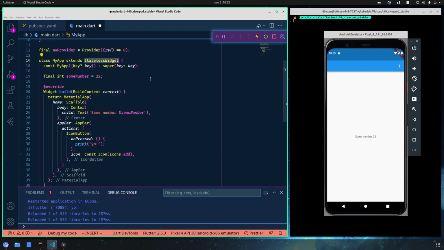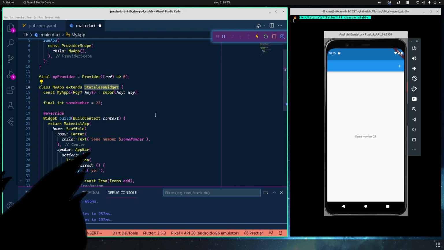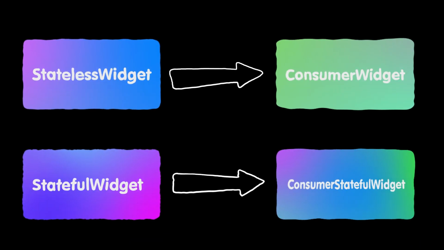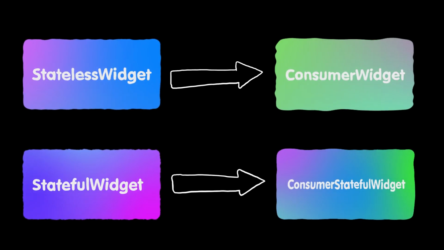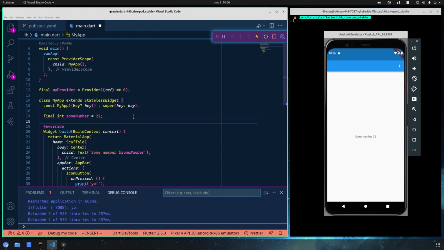In this case, instead of having a stateless widget or a stateful widget, we need to use a special type of widgets that are defined by the Riverpod package. For example, instead of using the stateless widget, we should use the ConsumerWidget, and instead of using the stateful widget, we should use the ConsumerStatefulWidget. So this is the main difference, because these special widgets will allow us to get this ref object.